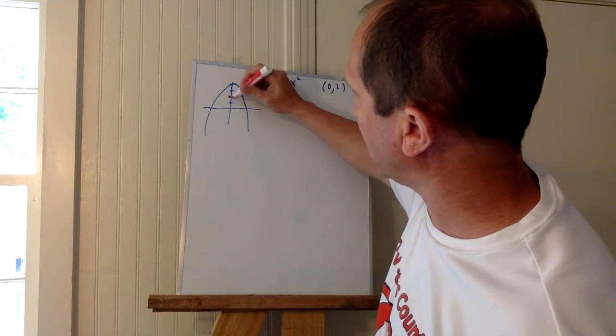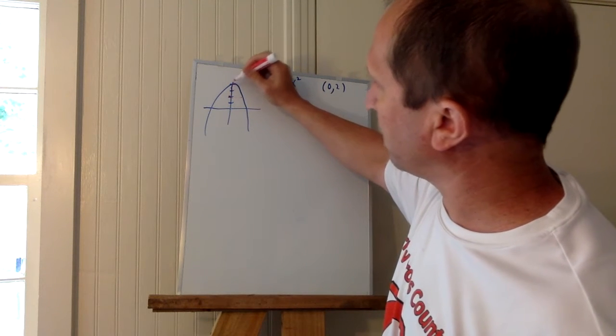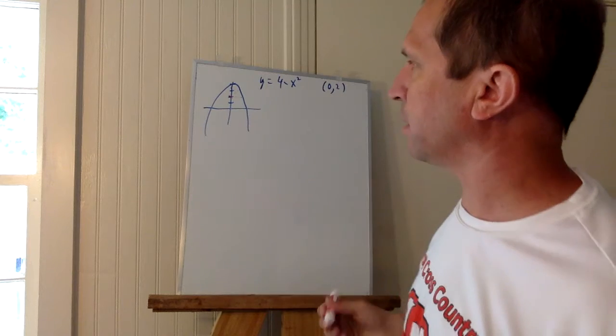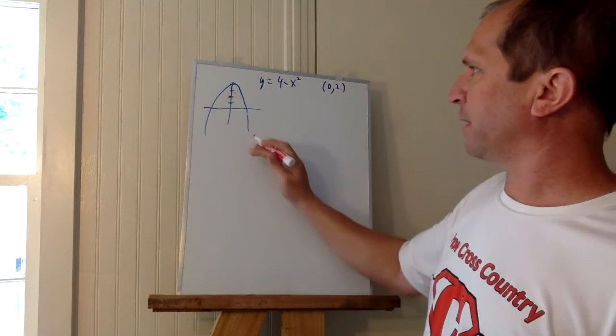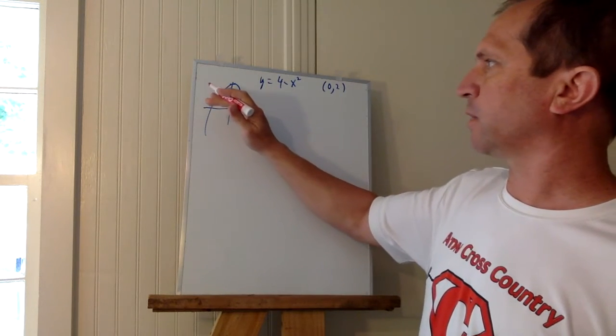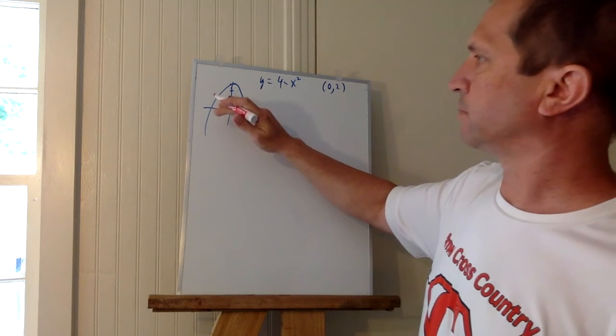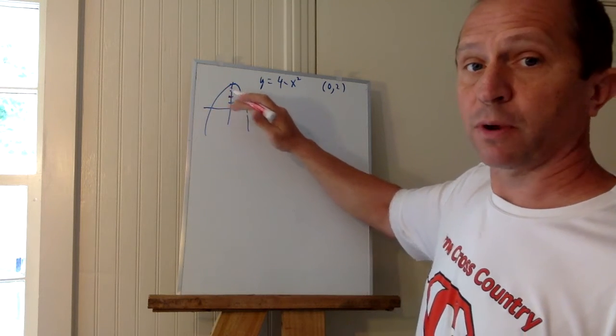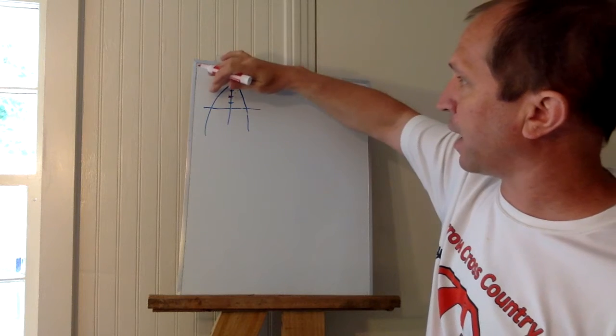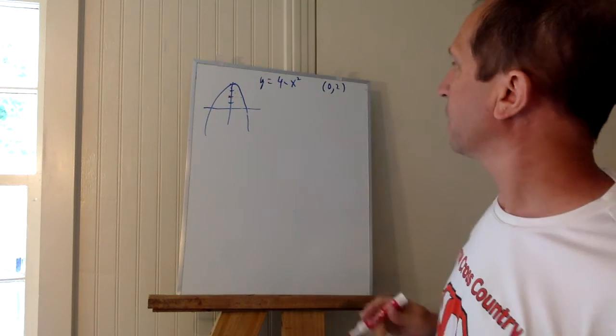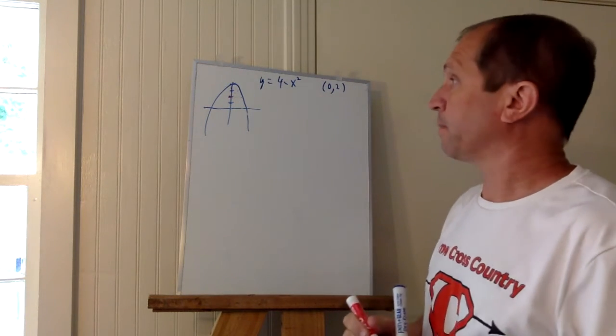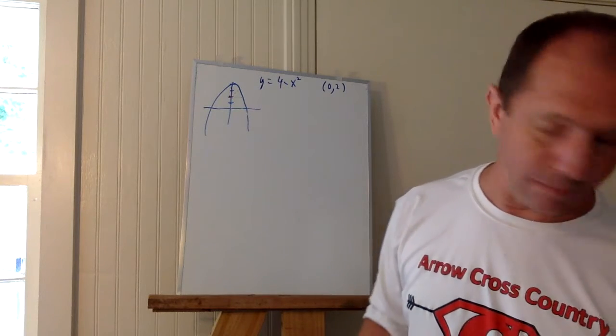Is it a point right here? Is it this point up here? Is it some point in between those two? It's not going to be down here because obviously anything down here would be further away than this point right here. But the answer is going to lie somewhere from here to here. And so let's just go for it.